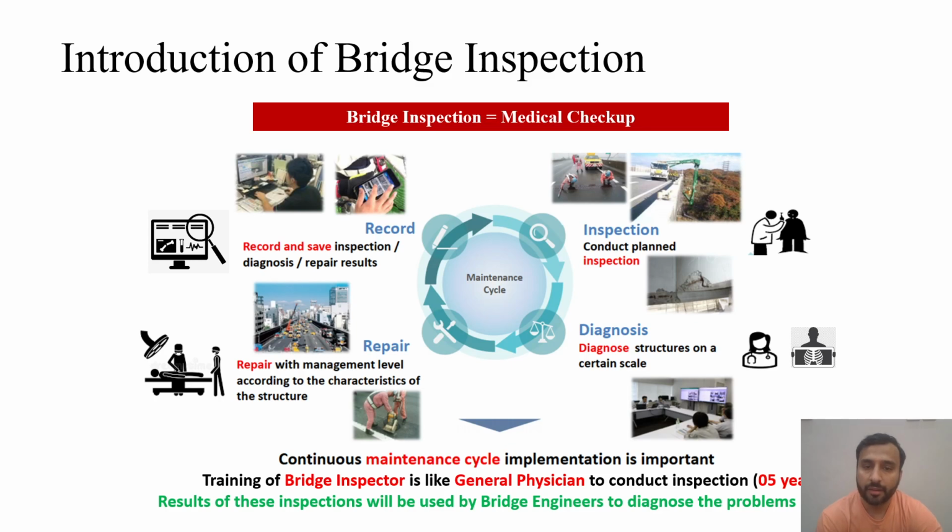The other step is the inspection, of which there are many types. I will be discussing them in my later video, in which the bridge inspectors go to sites, check the different components, and have some records that are recorded into the database.